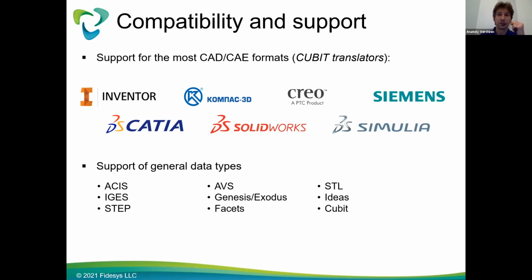And once again, thanks to Cubit Translators, we support not only general purpose formats like ACIS, IGES, STEP, but also commercial formats from different commercial vendors listed on the slide. And of course, this gives much better accuracy and less risk when importing a complicated CAD model into the Fidesis preprocessor.